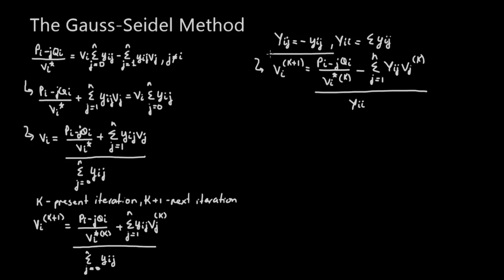So this right here is our Gauss-Seidel equation for calculating the bus voltages. And here, I should say technically, j cannot be equal to i. So this is the equation that we're going to use for calculating the bus voltages on every iteration of the Gauss-Seidel method. Now we can do the same thing for the power.